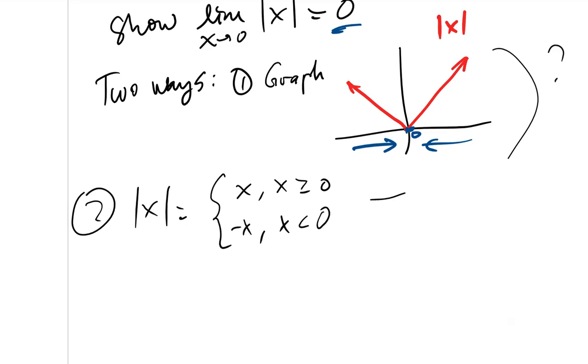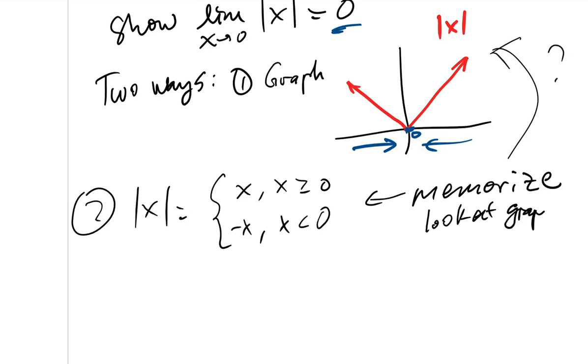And this is it. So I need you to memorize this. Please memorize this. It's not hard if you just think of the graph. So basically it says if x is less than 0, like if it's -3, then you multiply that number inside by a negative, and that'll make it +3.